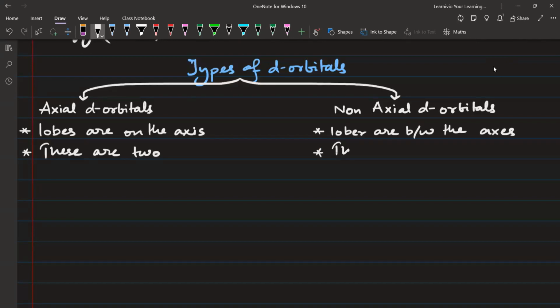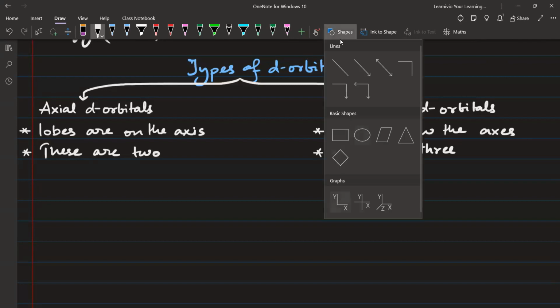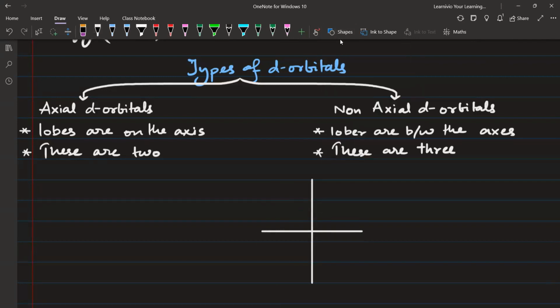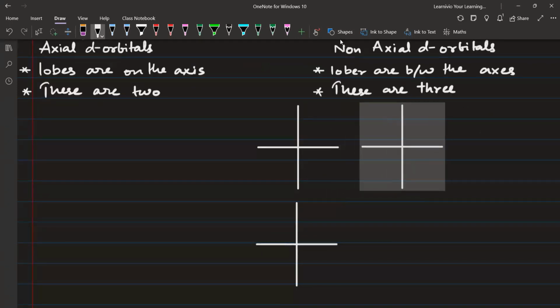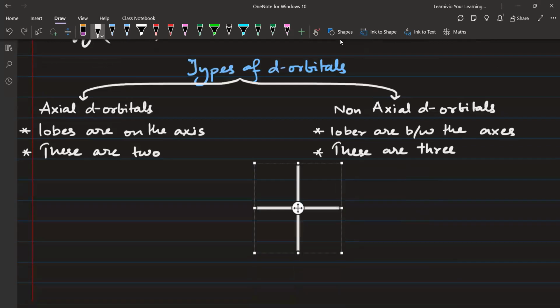These are three. Does anyone remember which are axial and which are non-axial? Harsha, Mariam, Anna? No one remembers?